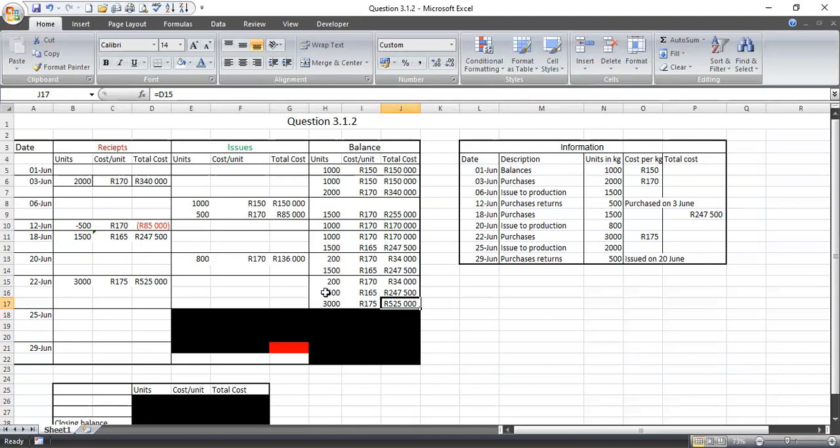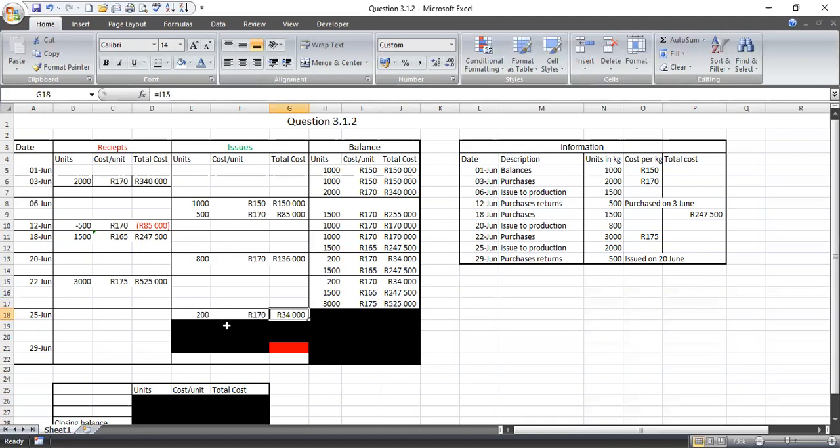So we're going to issue the 2,000 units to production according to the FIFO method. We will first issue the 200 units, which was the first that was purchased at a cost of 170 and at a total cost of 34,000.